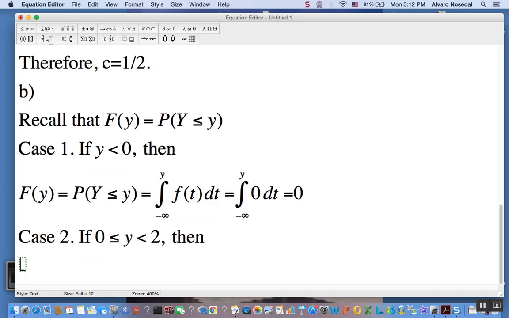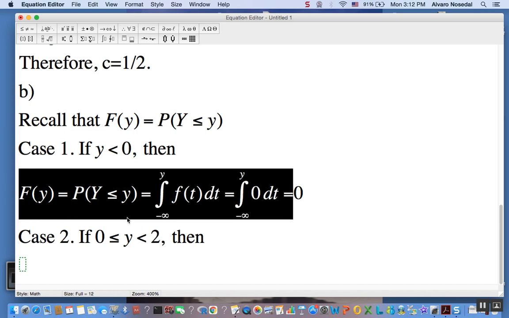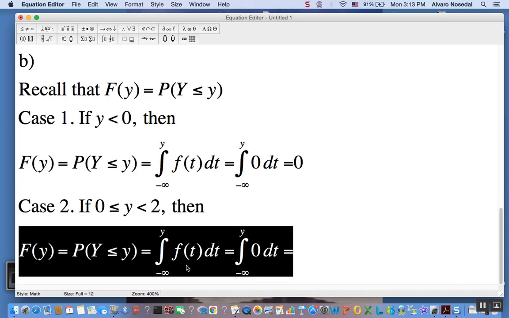Let's do something similar to what we did before. y is just some number, for instance 1. 1 is a number that is between 0 and 2. So if we want F at 1, we want the probability that the random variable is less than or equal to 1. And that would be the integral from, and here's the part where this is going to be useful, note that this is just by definition.